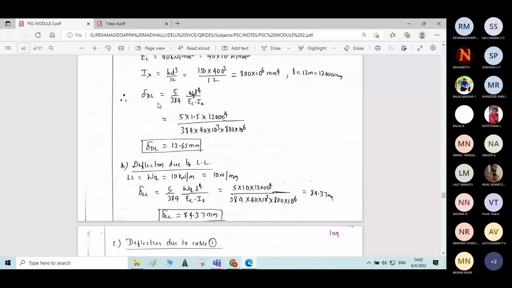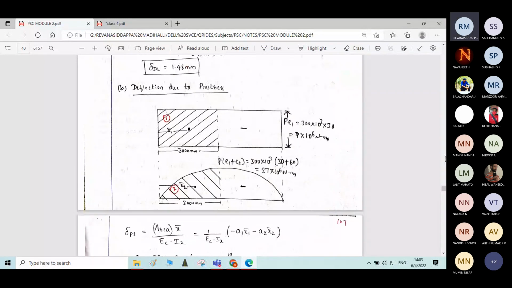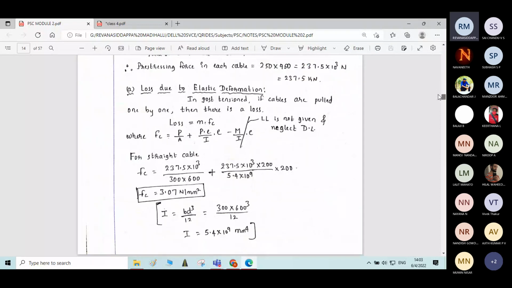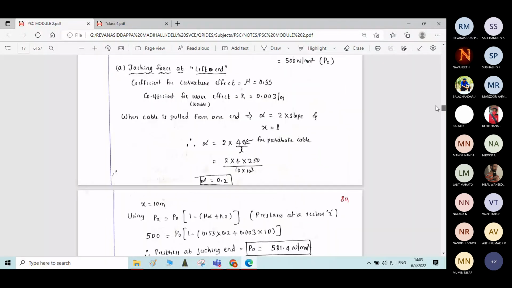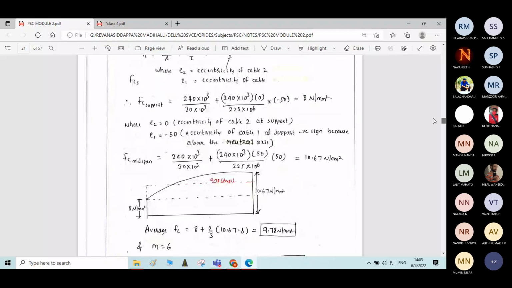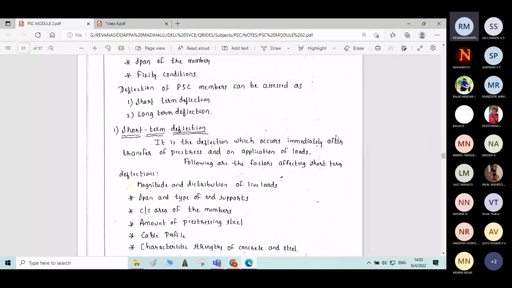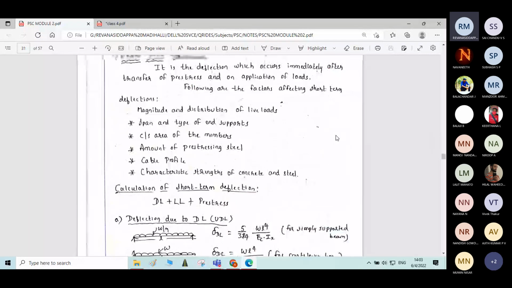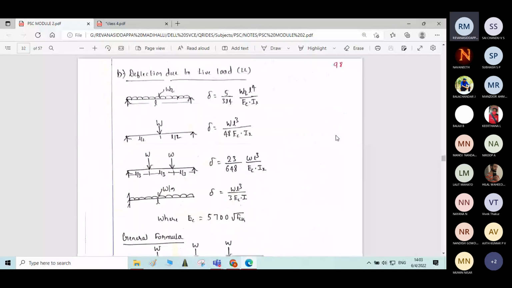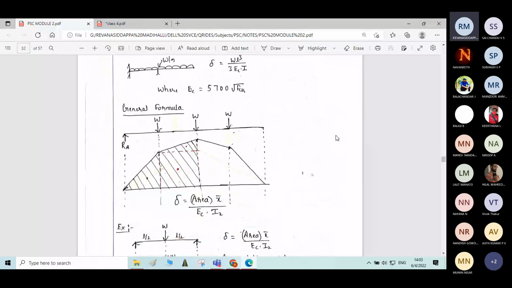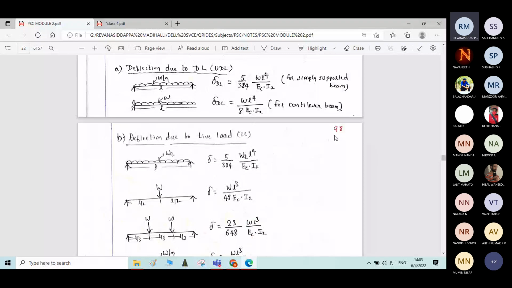Let me go to the beginning of the theory part of this deflection. Yes, here we have deflection due to dead load, then deflection due to live load.